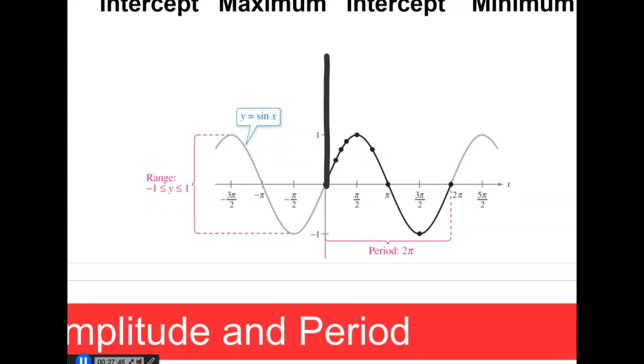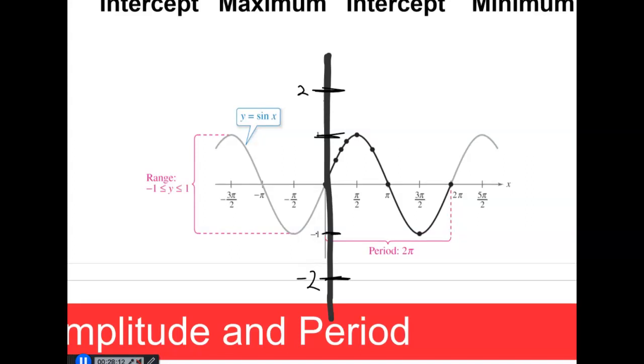So it's actually considered to be a vertical stretch. So I'm going to just make my y-axis longer. And let's go ahead and mark. If this is 1, then 2 will be approximately here. And also in the negative direction, this is negative 1. So let's move on to negative 2.